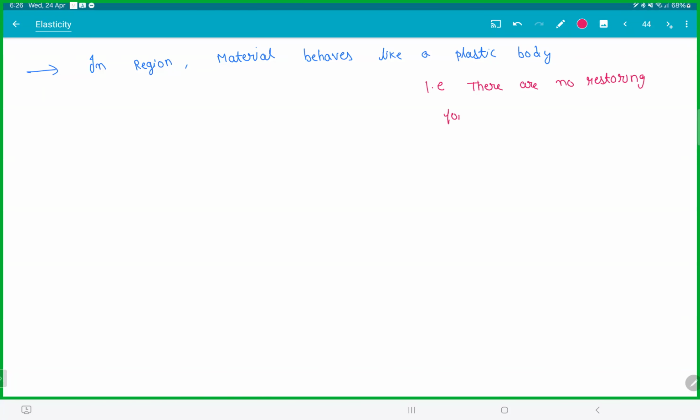It's like chapati dough. If you push your finger, it will deform, but it will not come back to the natural length again. That is, even if you decrease the stress, strain will continue to increase. And finally at B it breaks.